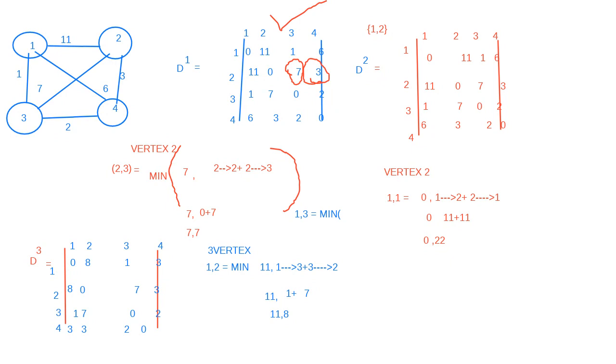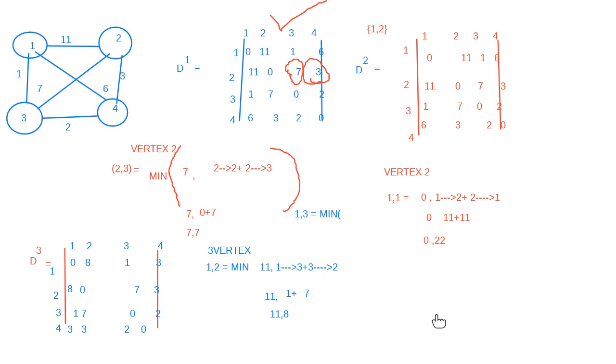See, 1 comma 3 is already present in D2, and that value is 6. Sorry, we are solving for 1 comma 3, which you have asked. So the value of 1 comma 3 is remaining the same.